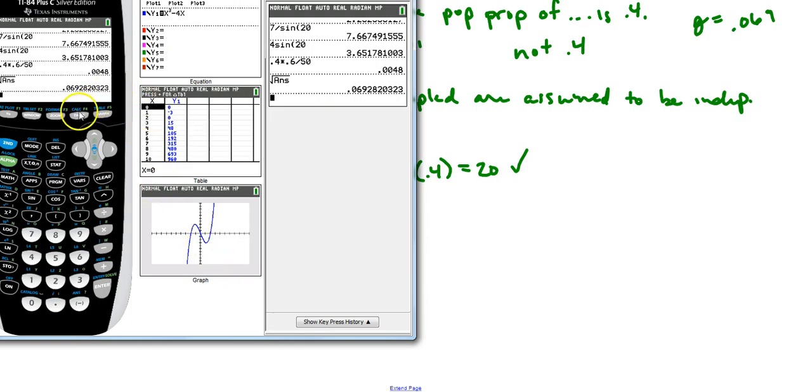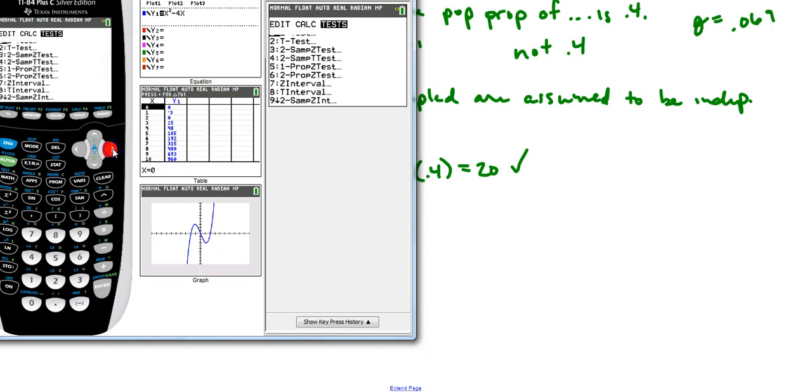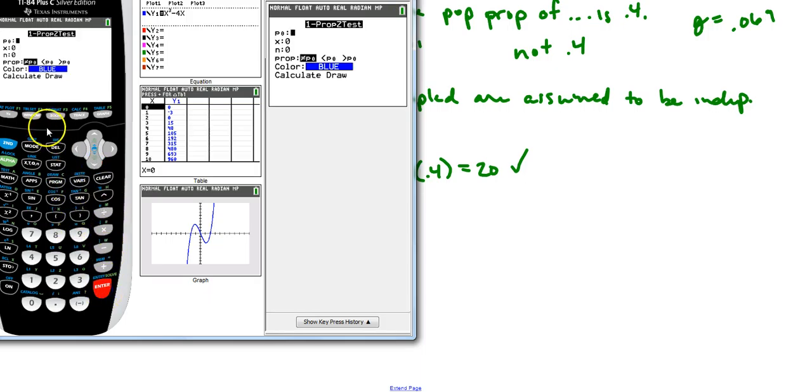We're going to go to the calculator. Stat over to tests. Oops, I missed. One prop ZTest is option 5. Enter the info. What is the true population proportion? Well, they claim it is 0.4.